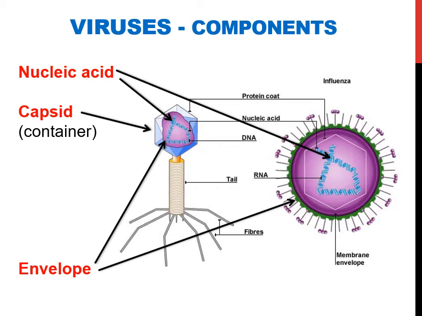Then with an envelope that's surrounding the RNA or the DNA, and this particular structure will then have to find a way to enter your cells, incorporate itself into your DNA, and take over control, and produce its own proteins from its own RNA or DNA.